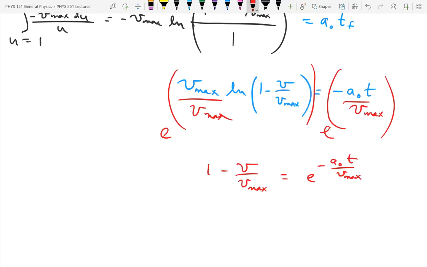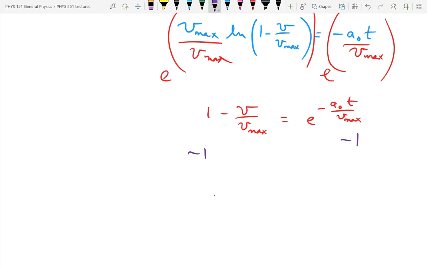Now I have to subtract 1 from both sides. Right. And then multiply by v max. And so I will have minus v is equal to now that's not the most convenient, but all I've got to do is make this a positive and that a negative, and we're good.